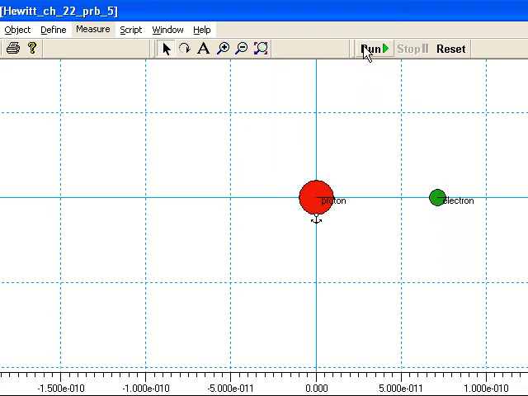For the gravitational attraction, I need to be in the neighborhood of 10, 20, 30 minutes in order to actually see something. Here it's a gazillionth of a second, and we already see quite some attraction here electrostatically. If this is all that would happen, then the electron would just slam into the proton.